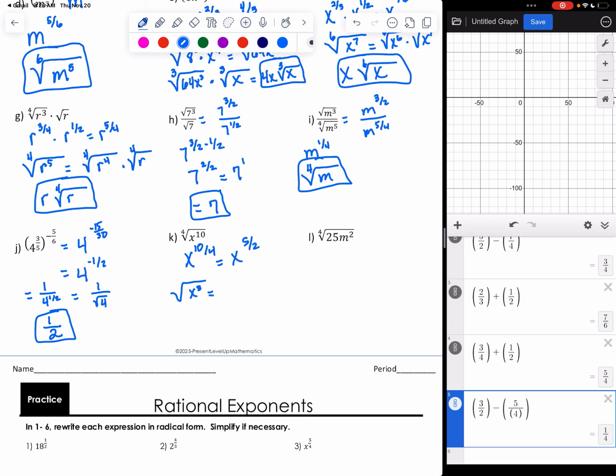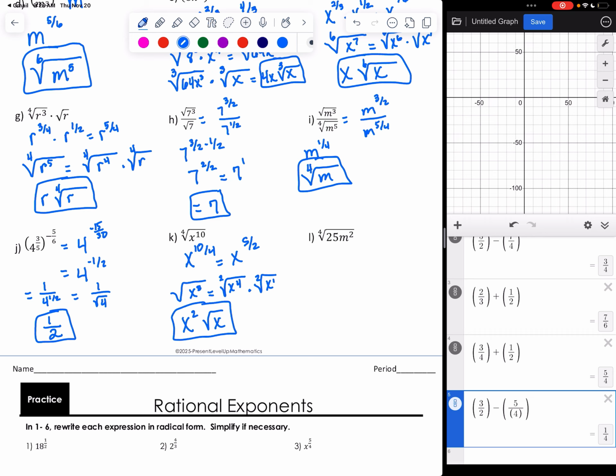Now that can be simplified because we could rewrite that as the square root of x to the 4 times the square root of x to the 1, because 4 plus 1 gives us 5. Now, the square root of x to the 4, divided by 2, gives me x squared, and then we have the square root of x.